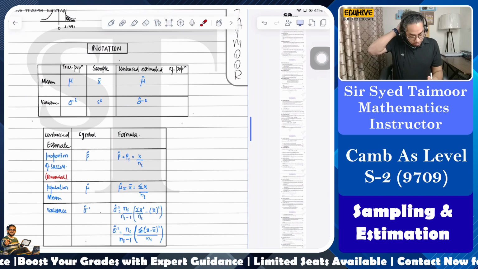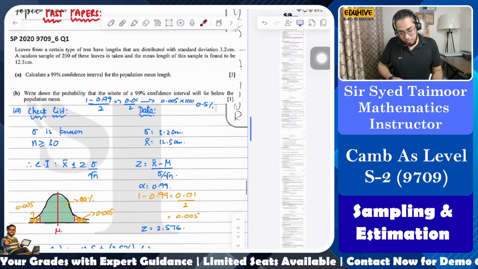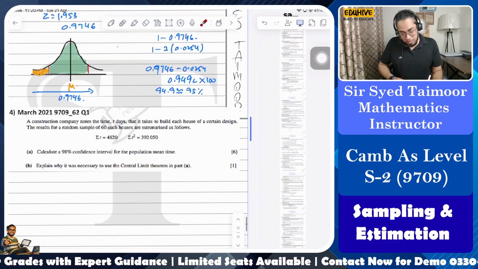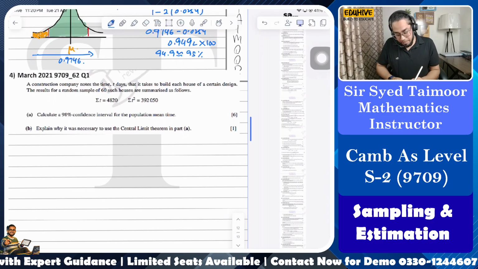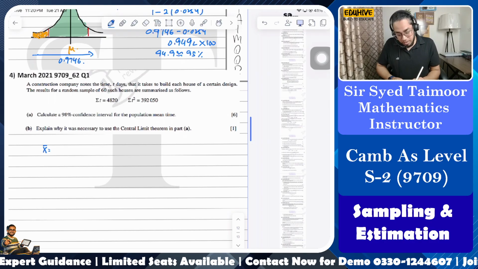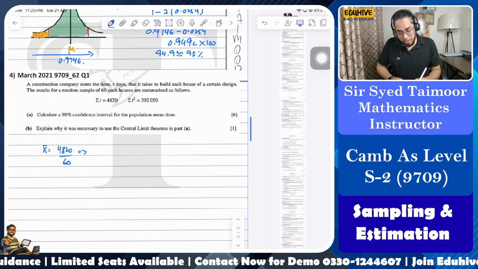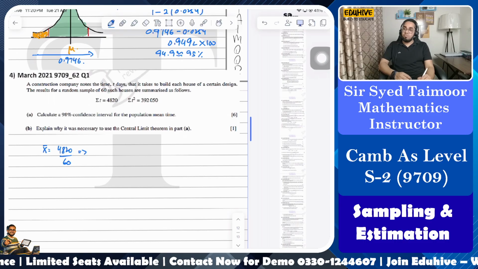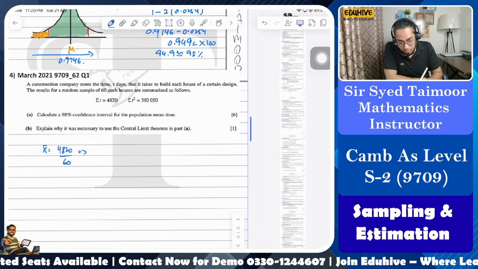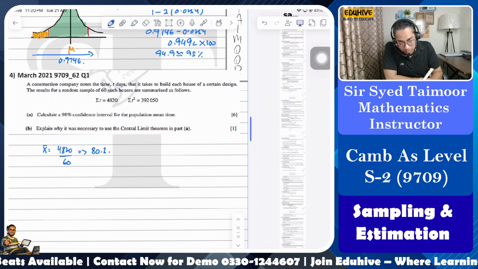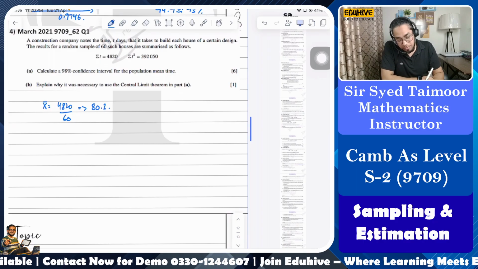This is a simple sample. It's x bar. So x bar can be calculated by 4820 divided by 60. What are we getting? 80.3. So it is going to be the estimated x bar.